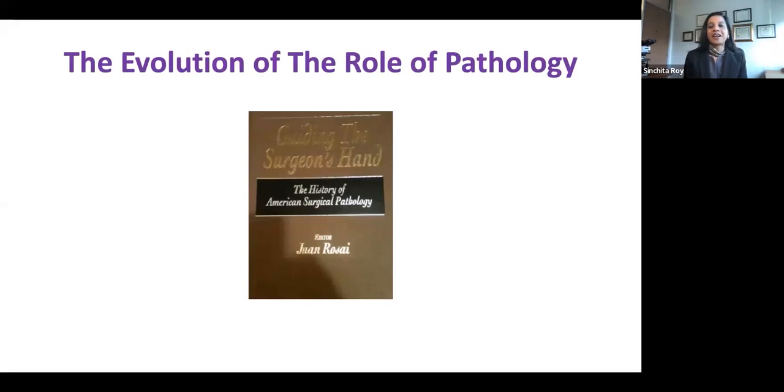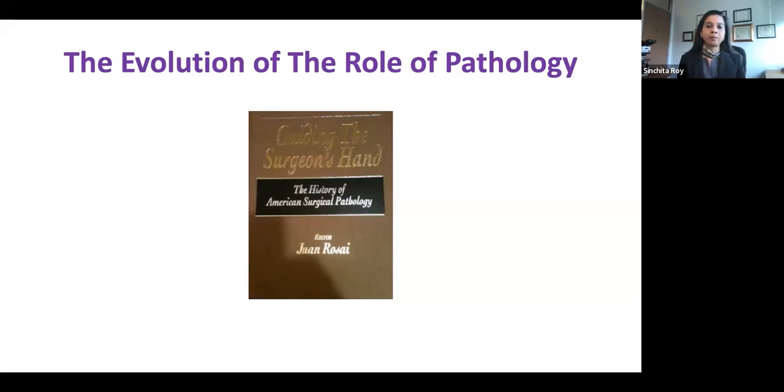All right, so I just wanted to throw this out there for some of you who may recognize this book. This was published in 1997 by Dr. Juan Rosai, right? And it was called Guiding the Surgeon's Hand, a history of American surgical pathology. When Dr. Rosai published this book, he was trying to describe what our role in pathology is.